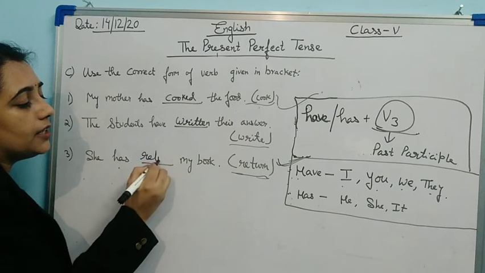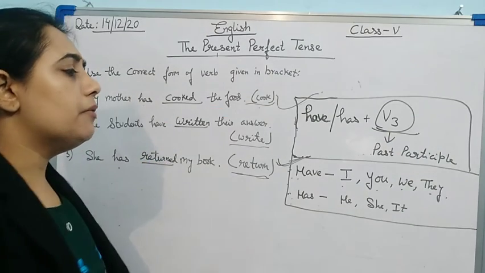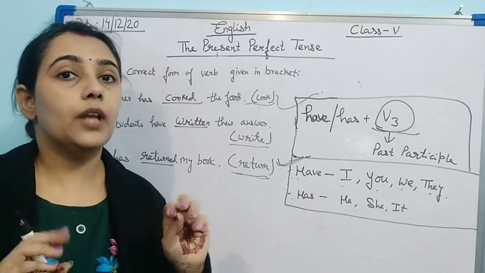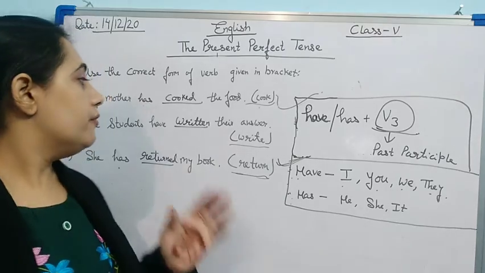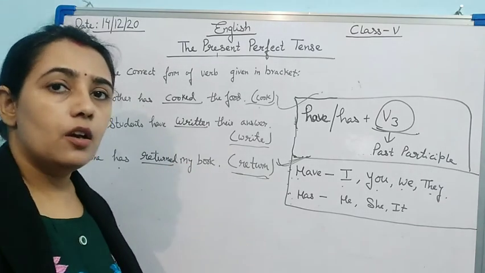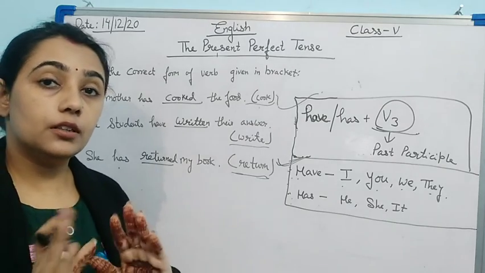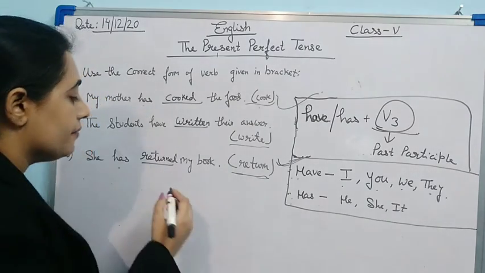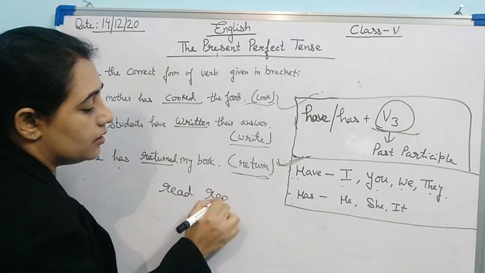Return, then ed. Generally, in almost 80 to 90% of verbs, we just add ed or en at the last. And in a few verbs, the third form is not changed, like read, read, read.